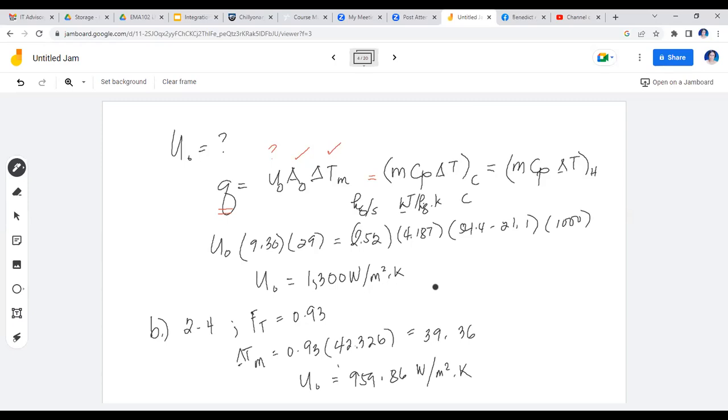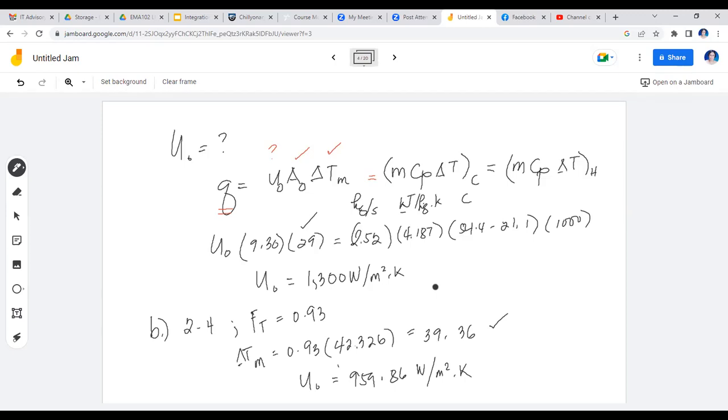Now you could see in here that for the 2-4 scheme, the 2 shell 4 tube set of shell and tube heat exchanger, its delta T mean is higher than the delta T mean of that of the 1-2. Your delta T mean here is only 29, while in here it's 39.36.